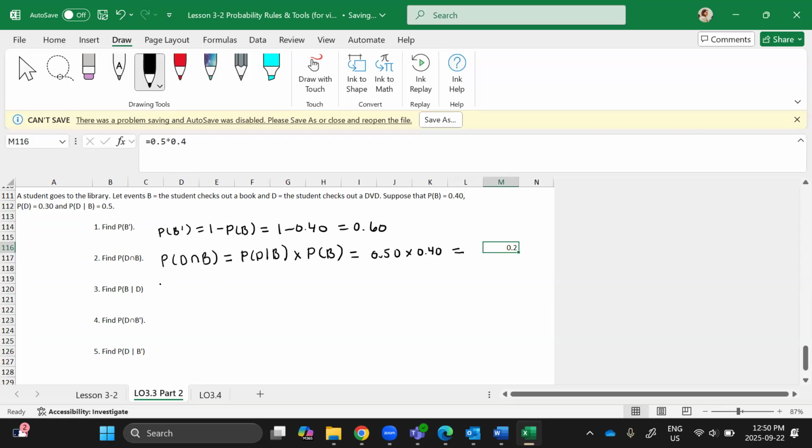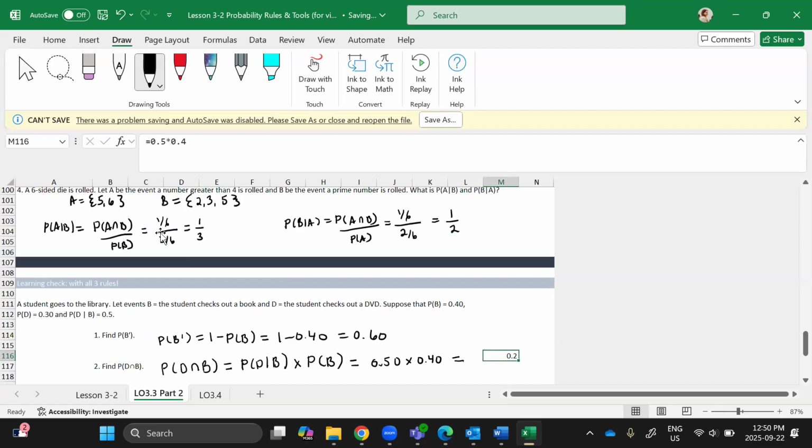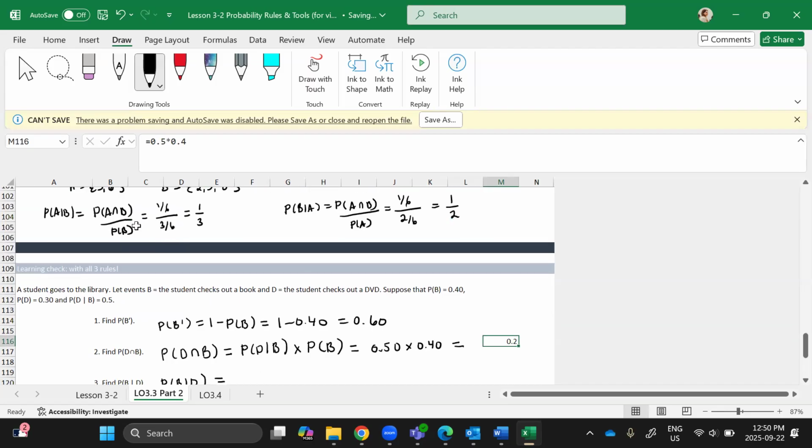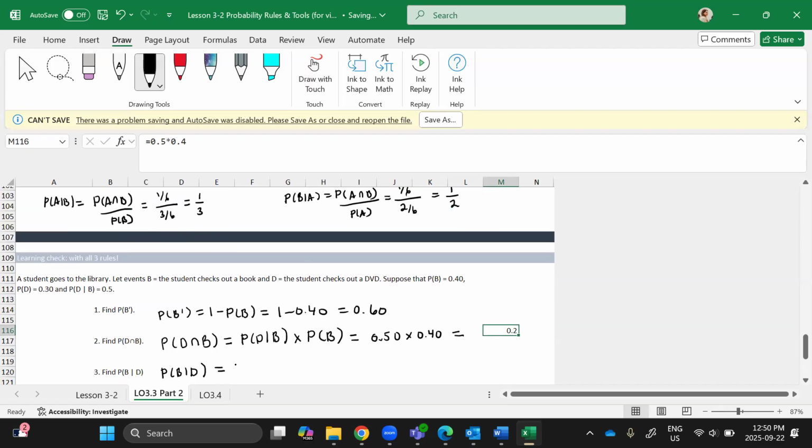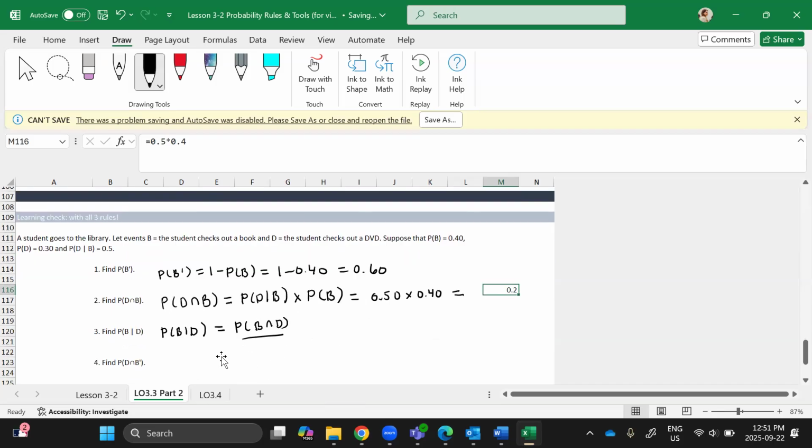This one's a little trickier. Probability of book given DVD. This one, you'll have to solve like we did the previous question up here with the conditional probabilities. That it's the probability that they both occur, so book and DVD, divided by the one on the bottom, or after the given bar, probability of DVD.